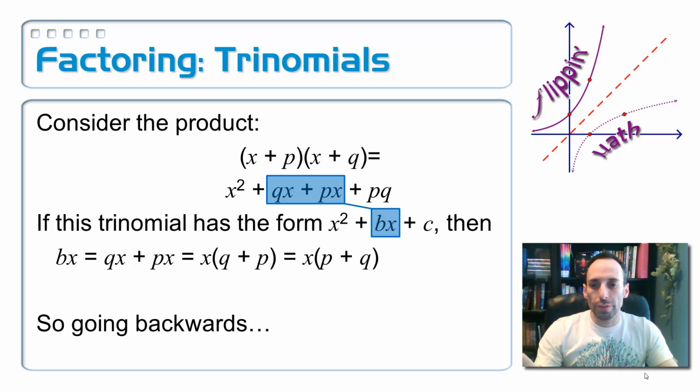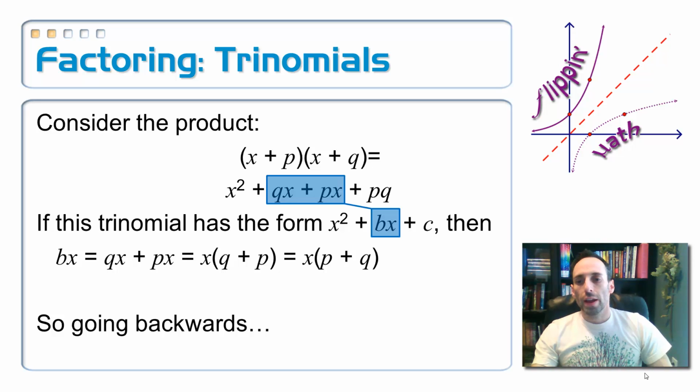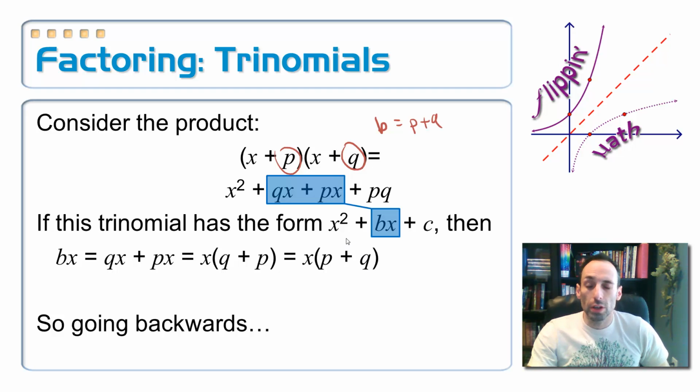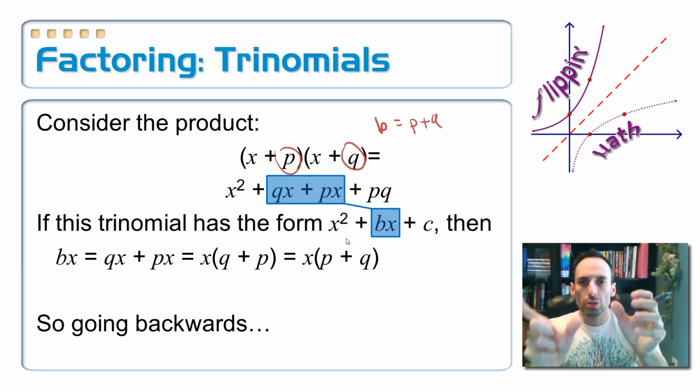If I simplify that, notice that they both have a factor of x, so I factored it out. The quotient left over is p plus q, and you can switch that around. What this means is that b, the coefficient of the middle term, must be equal to p plus q, those two numbers in the original product.